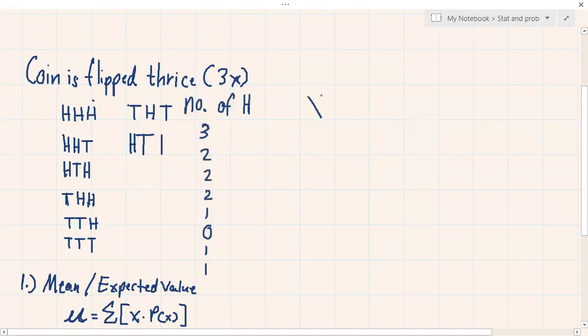Una, let's make the first column which is yung X, yung list ng mga random variable values. So ilan ang mga numbers na present dito? Di ba 4? Si 3, si 2, si 1, at saka si 0. So there are 4 numbers present here.